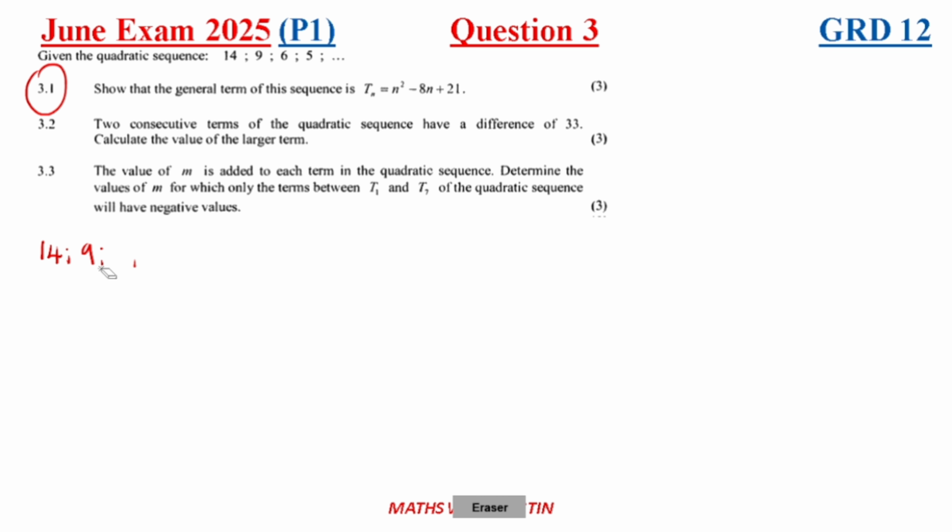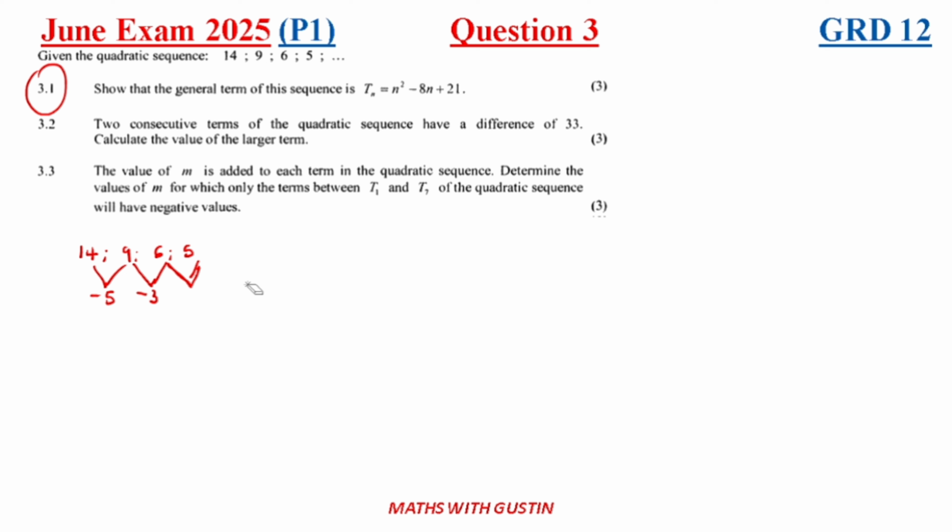Okay, let me just move it a little bit here because I'm gonna have to write on the other side. So what we have here, we've got 14, 9, 6 and therefore 5. All right, so the difference between 9 and 14 gives us negative 5. 6 minus 9 gives us negative 3. 5 minus 6 gives us negative 1.